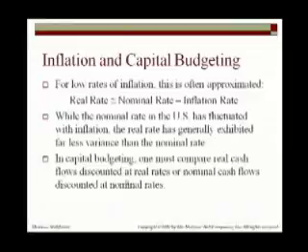By that I mean some of the cash flows are real and some of the cash flows are nominal. And there are two ways you can approach this. You can either turn all the cash flows into real cash flows, or you can turn all the cash flows into nominal cash flows, or you can discount just the real cash flows with the real rate, the nominal cash flows with the nominal rate, and then add the two.